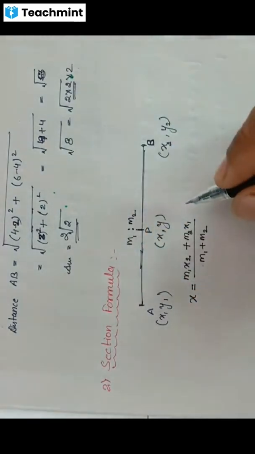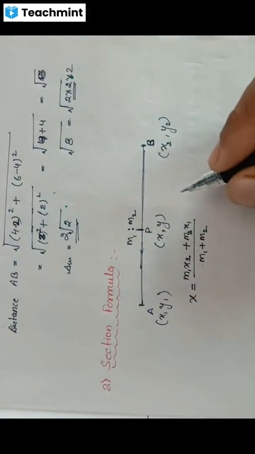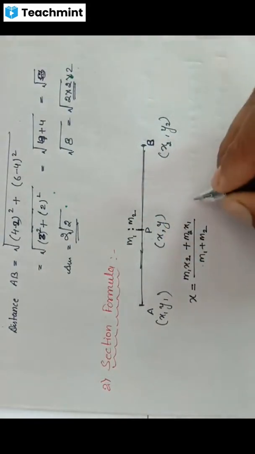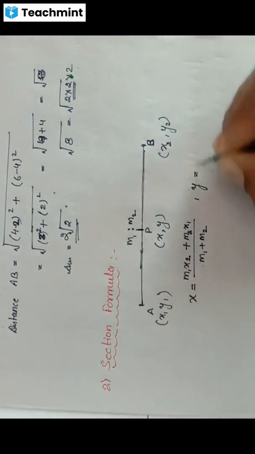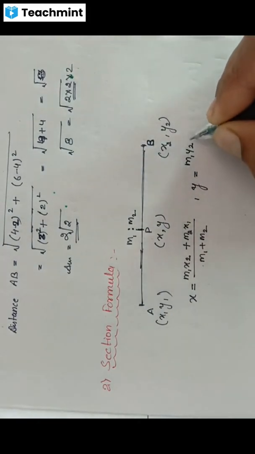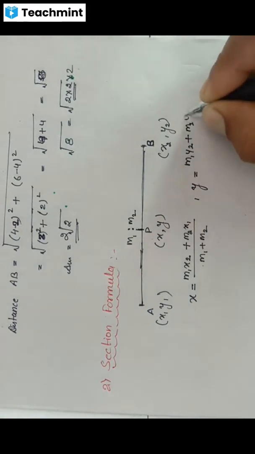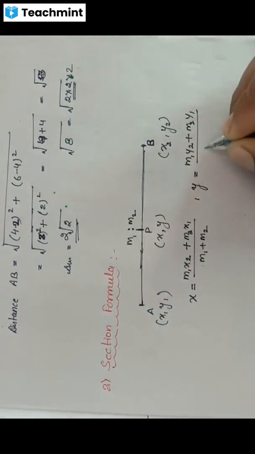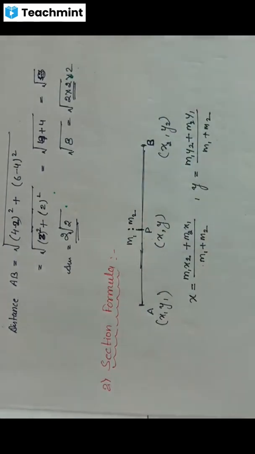Here you may have some numbers. Is it clear? m1 and m2. In the same way for y: m1 y2 plus m2 y1 upon m1 plus m2. This is the section formula.